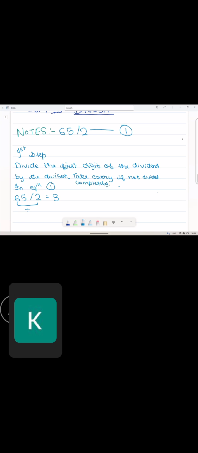So what is the first step here? Divide the first digit of the dividend by the divisor. Take carry if not divided completely.